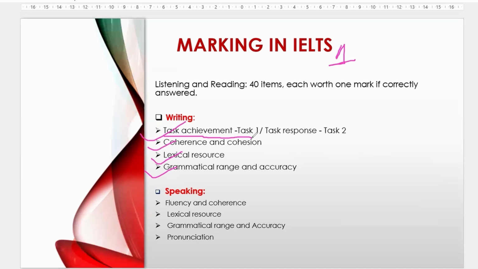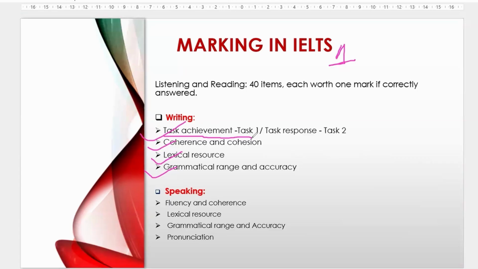In case of lexical resource, one must use a wide range of vocabulary in the form of synonyms and antonyms to justify his or her points. Task 1 or task 2 should definitely contain a wide range of vocabulary, and try to avoid repetition of the vocabulary.